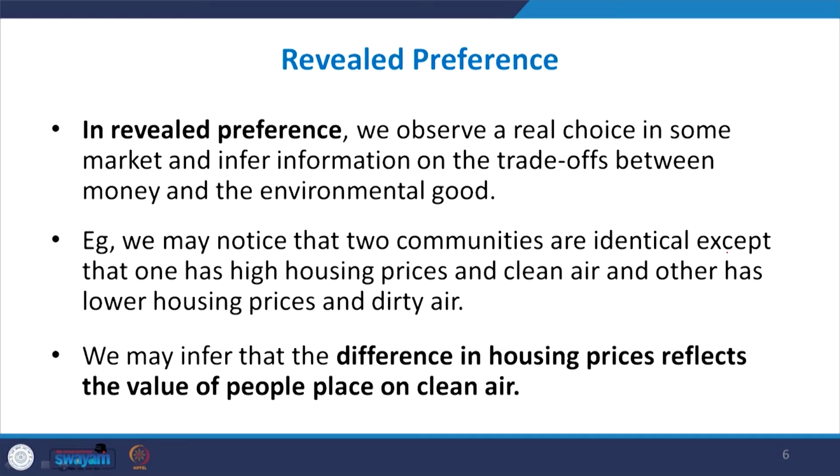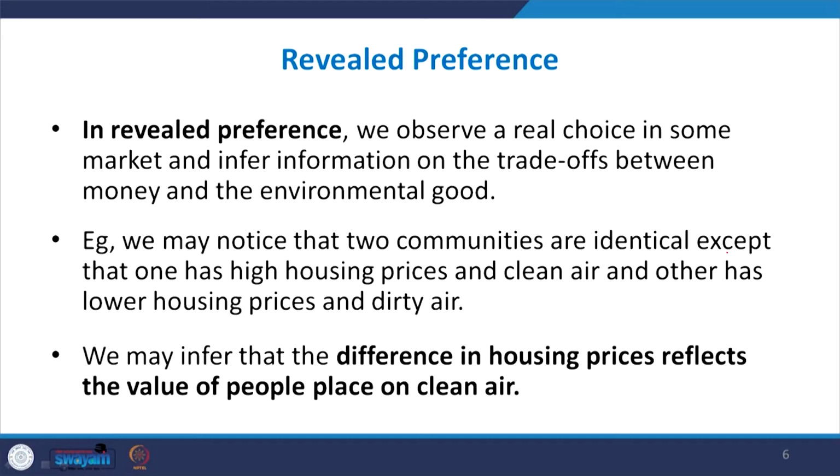It is based on real data, real behavior of the market, and we study the trade off between money and various goods. If you want to buy a particular product, you have to pay its price.